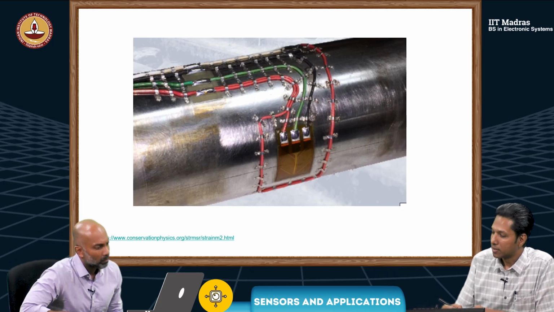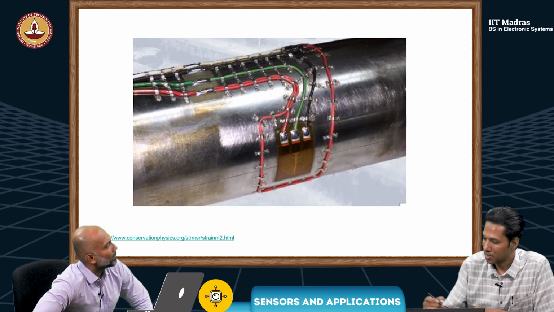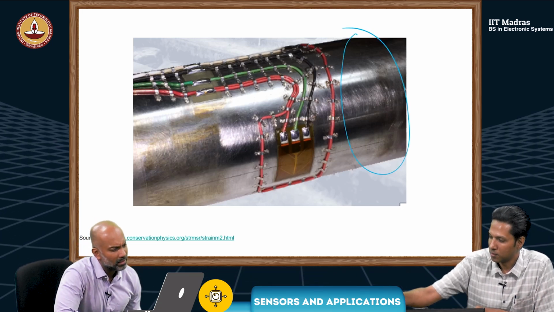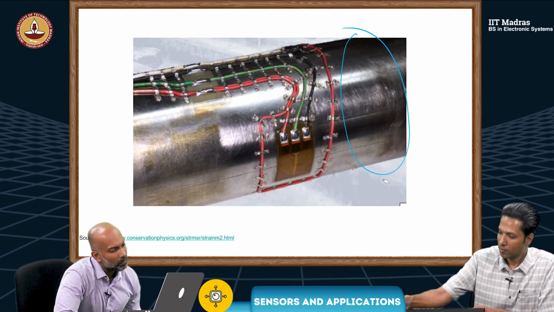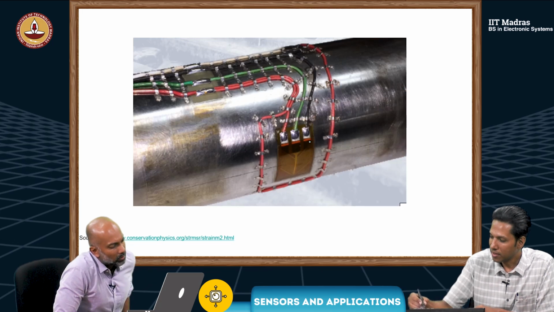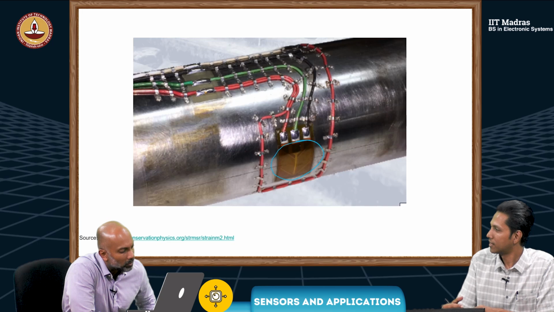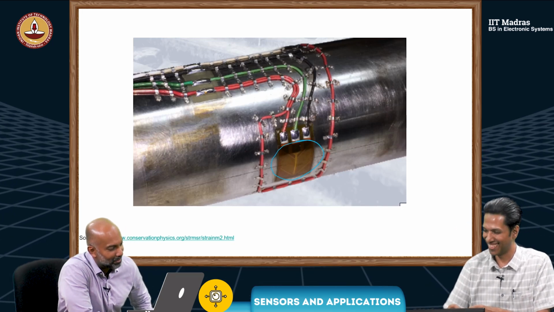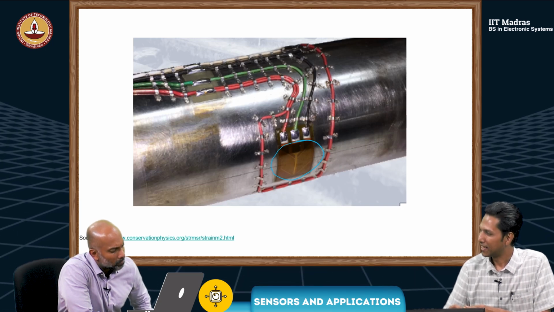So what is this? I have some nice steel structure. It's like a cylinder. But what I see is some structure here which is pasted on it, and then some nice, beautiful wiring. Quite a few wires there. What is this?